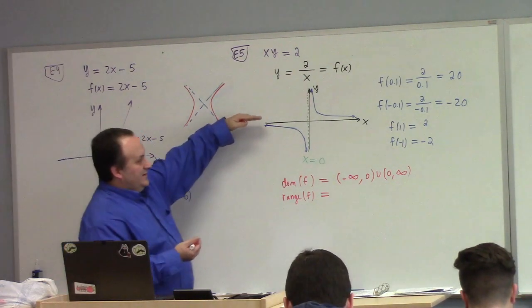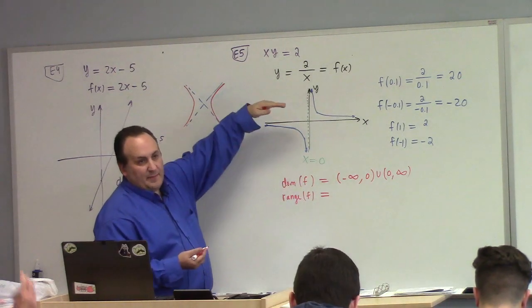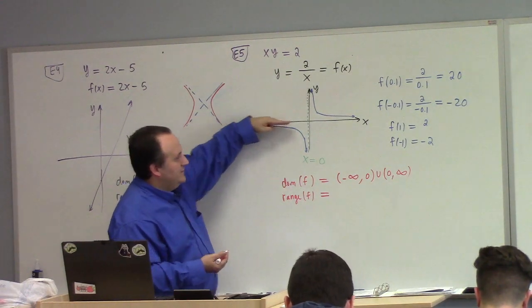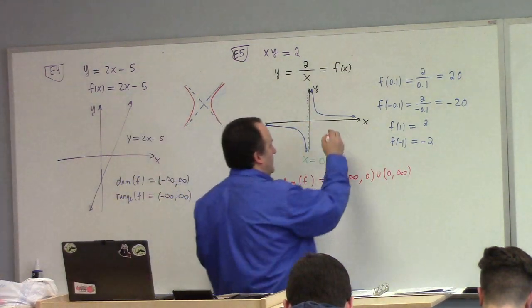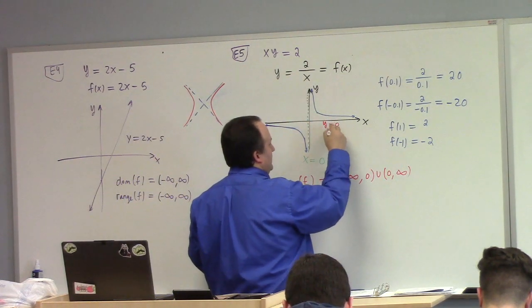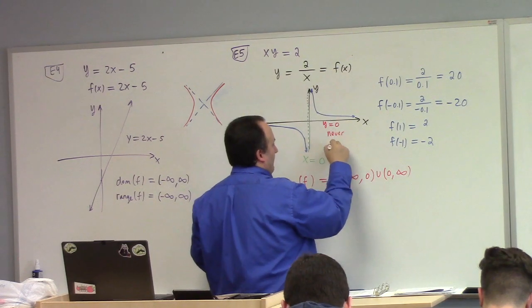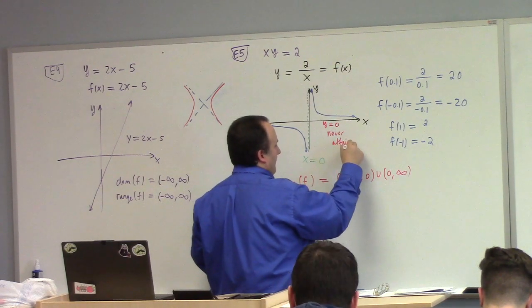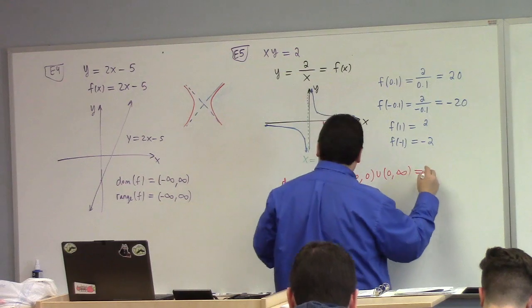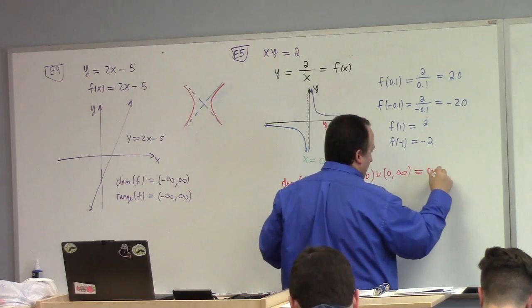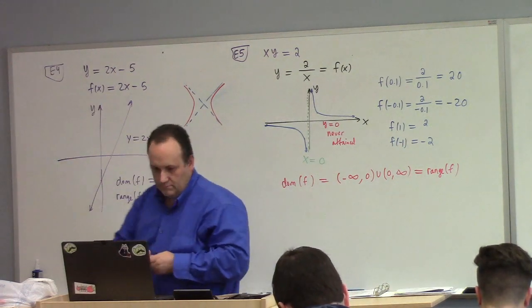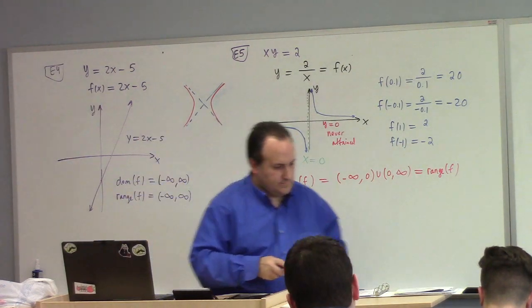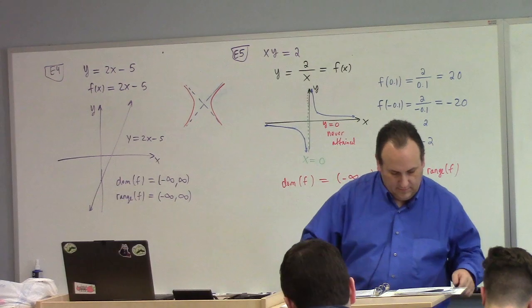Because you go down, down, down, and you go up, up, up. But the one thing you miss is where y equals 0, never attained. So this is actually equal to the range. They're the same.